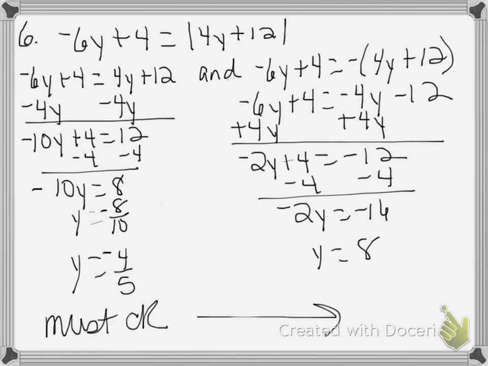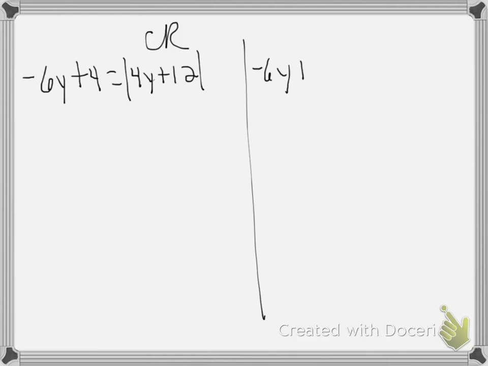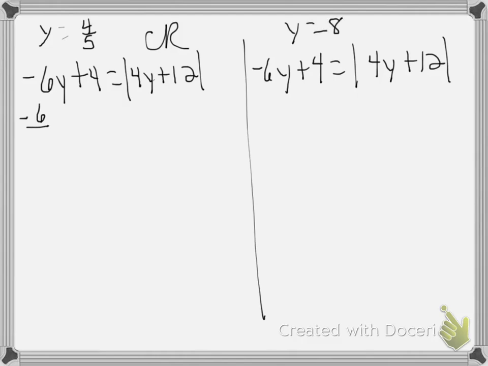You must check when you have a variable on both sides of the absolute value equations. You always have to check because one of them might not work. So first I'm going to plug in 4/5.